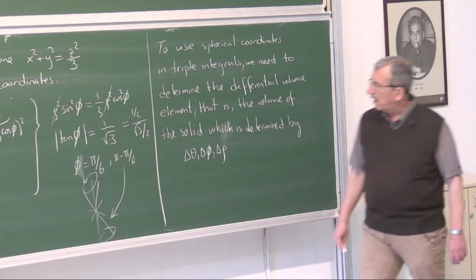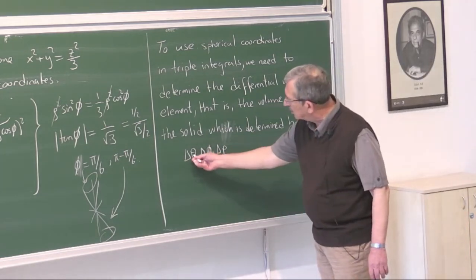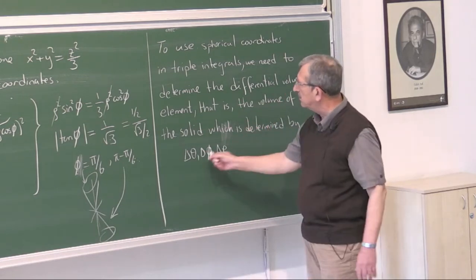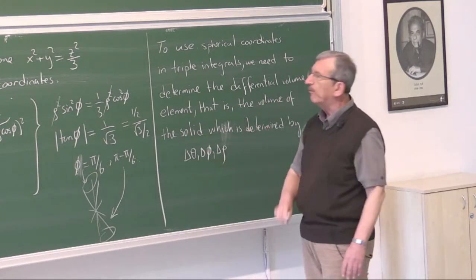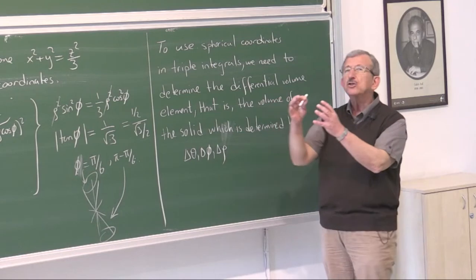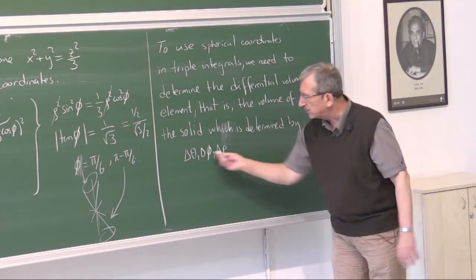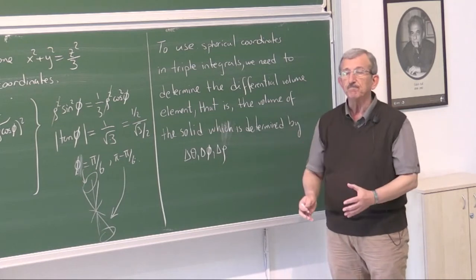Now, if you change theta from some value by delta theta, and similarly for phi, and similarly for rho, of course, you get a solid piece, a very small piece, if these are small, in 3 systems.